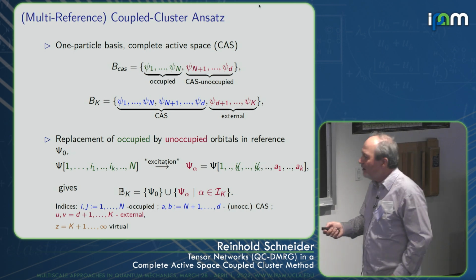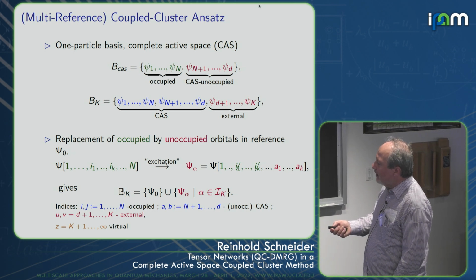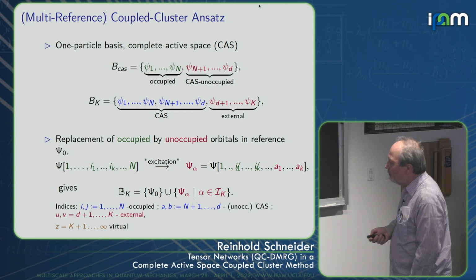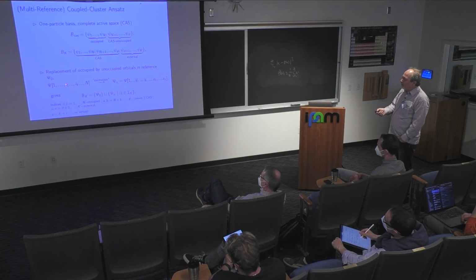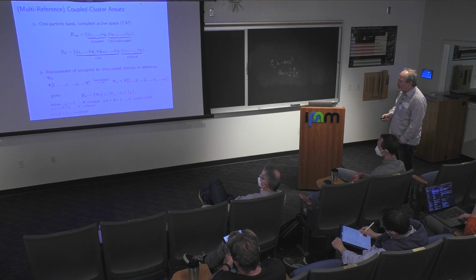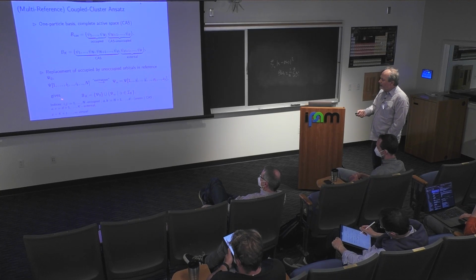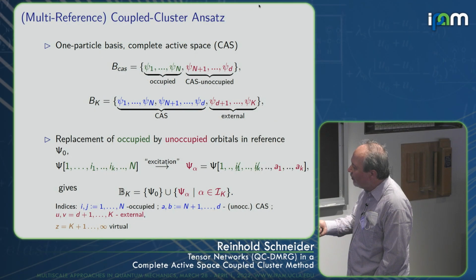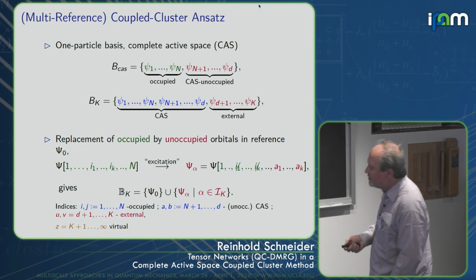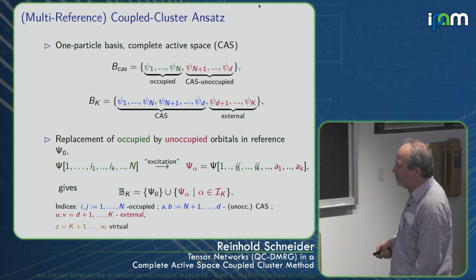Yeah? Okay. So, and now here we have this excitation stuff, and in the picture, usually blue are the occupied and the active unoccupied ones, and the reds here are the external. Yeah?